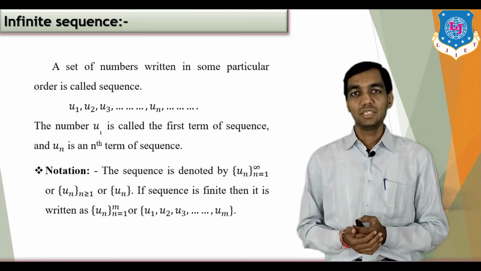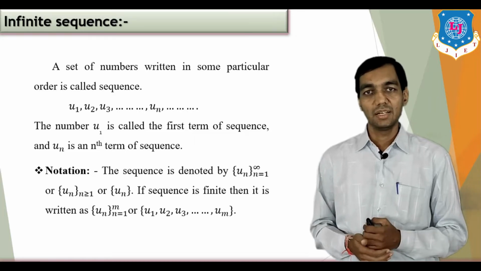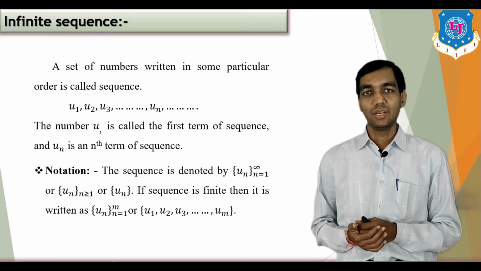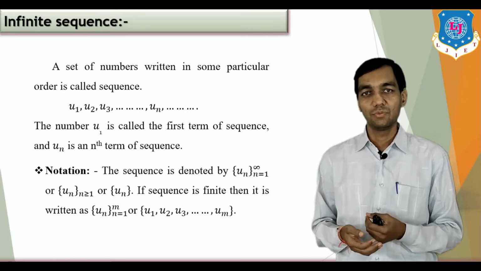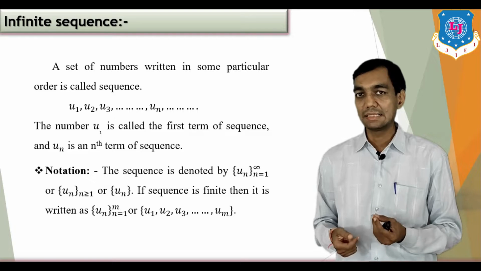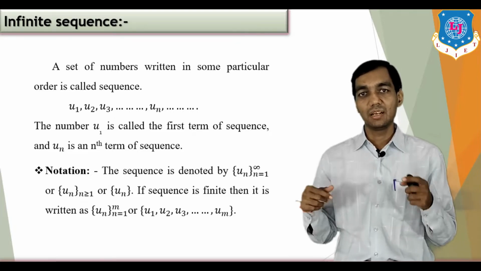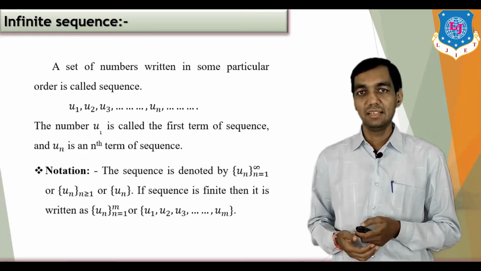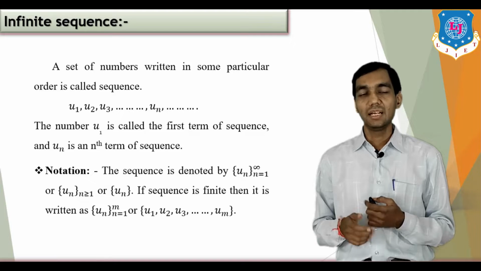The notation of a sequence is the set, or the curly bracket {un}, where n is running from 1 to infinity, or you can write it as {un} where n is greater than or equal to 1, or simply {un}. These three are the notations for infinite sequences.